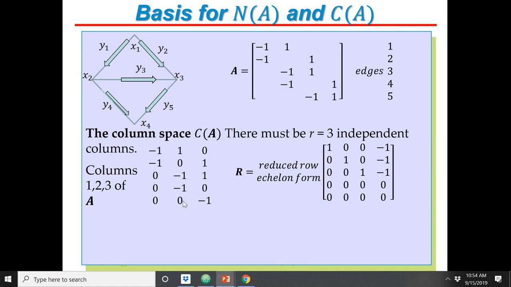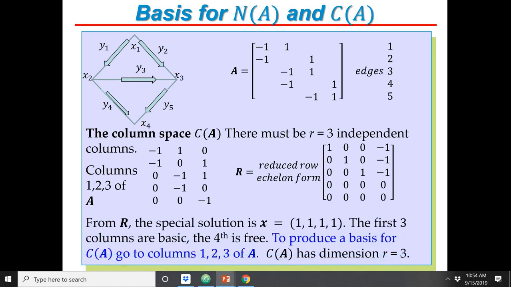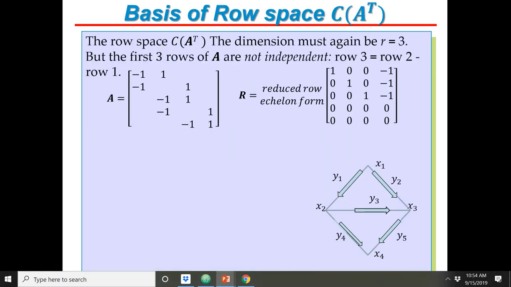So the basis consists of the first 3 columns of the matrix A. All right. So the column space has dimensionality r equal to 3. The null space has dimensionality equal to 1.